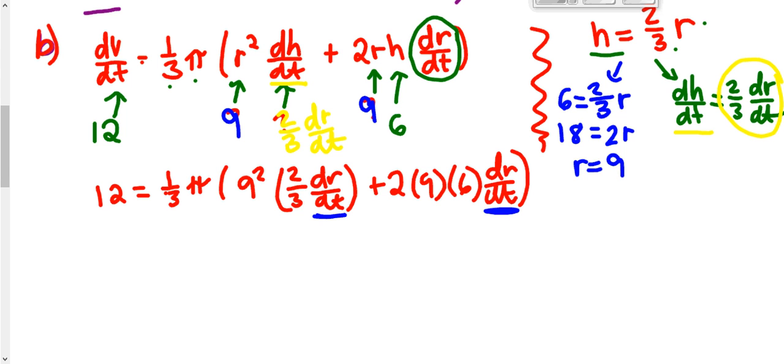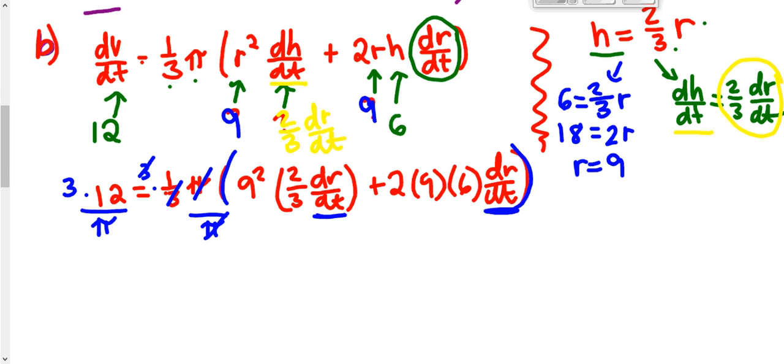Okay, so what I'm going to do first, we have this big thing in the parentheses, but I'm going to move this first. We can multiply both sides by 3 to get rid of that 1/3, and divide both sides by pi to get rid of pi in the front.